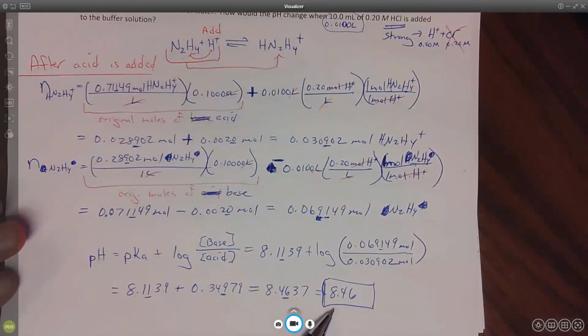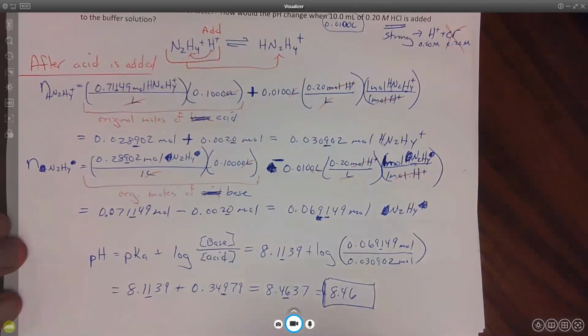Would it increase or decrease? If it became more basic, this number is going to become bigger, right? Because the base is greater than a pH of 7. If it becomes more acidic, we're going to expect it to decrease.